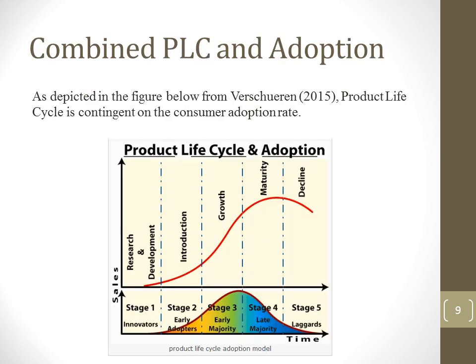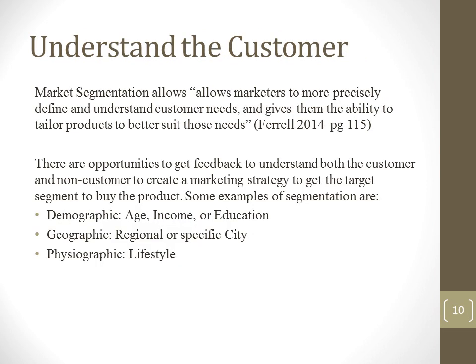It is interesting to see how both the adoption rate and the product lifecycle match up. As the consumer buys the product, it enters into a different stage in the life cycle. Take a look at the chart and see how they match up. Now, if you can truly understand the customer, the organization can tailor product innovations to what the customer needs.